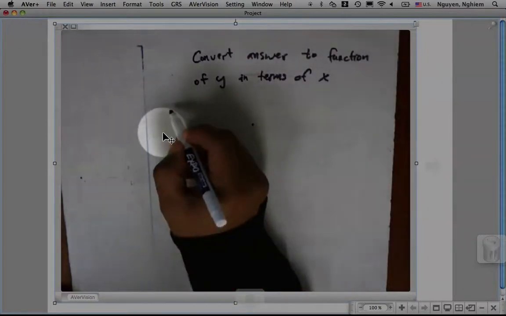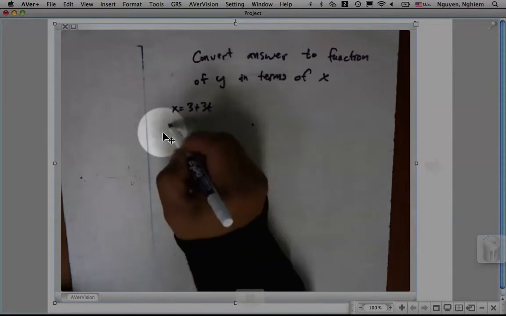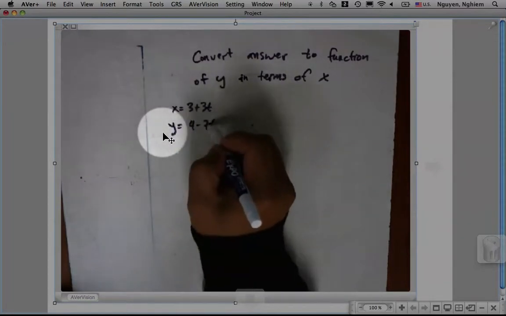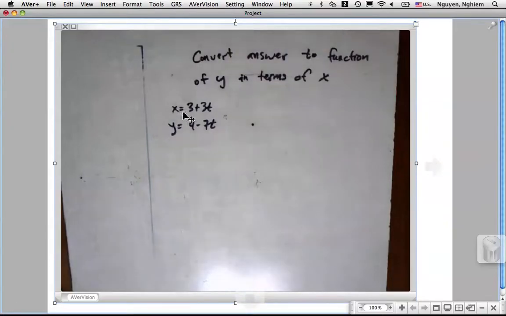So I have these two equations. x equals 3 plus 3t, and y equals 4 minus 7t. And I want to convert this to just one equation. And you can see some of the pluses and the minuses of parametric equations versus function.